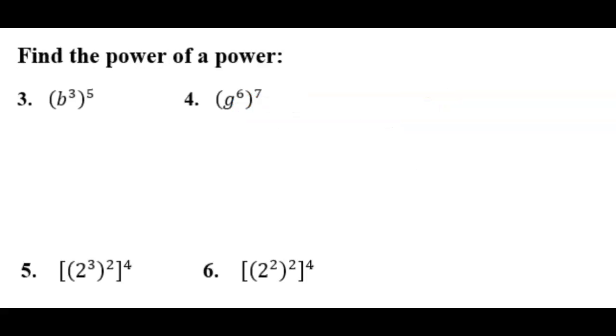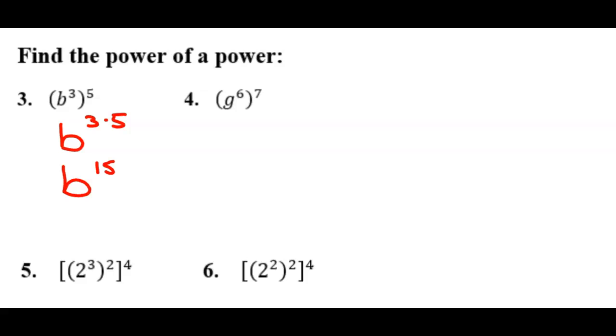All right, so let's look at it with some numbers. What's my base in number 3? B. What am I going to do with my 3 and my 5? Multiply. So I'm going to get B to the 15th power.